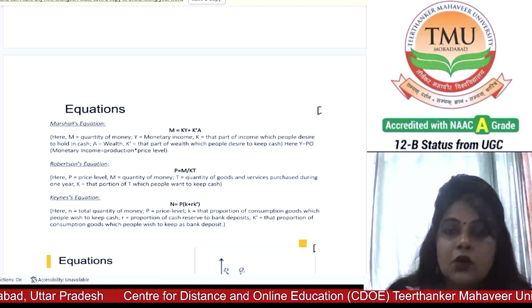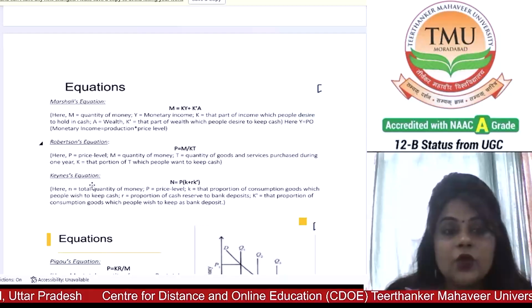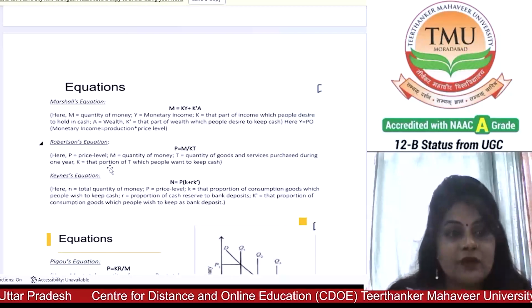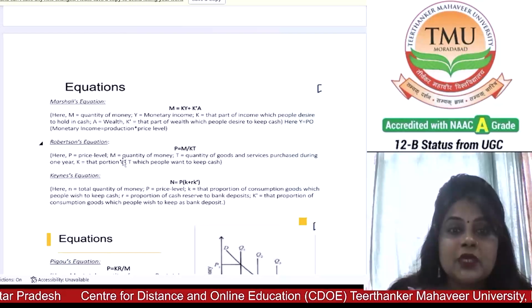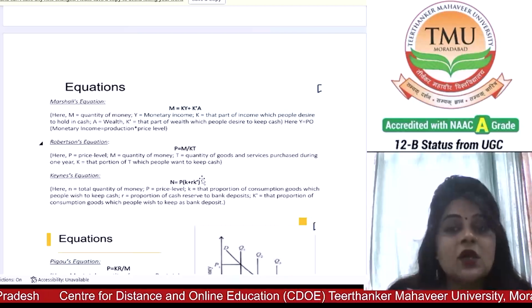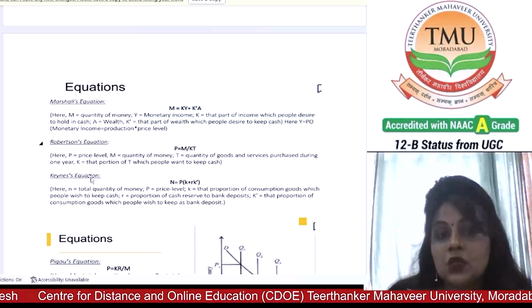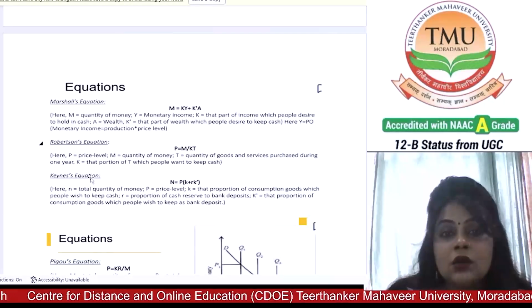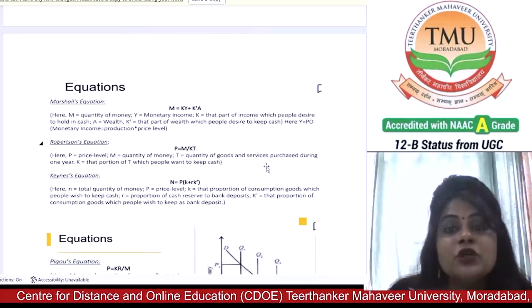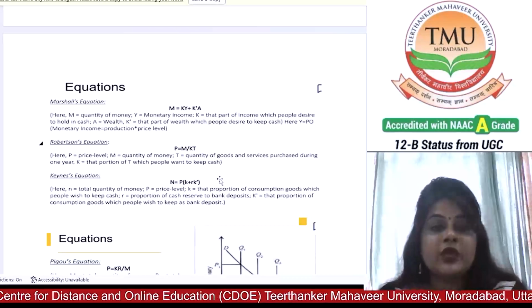So Robertson also gave his equations here. P is the price level. M is the quantity of money. T is the quantity of goods and services purchased during one year. K is that portion of T, that is, the quantity of goods and services which people want to keep in cash.